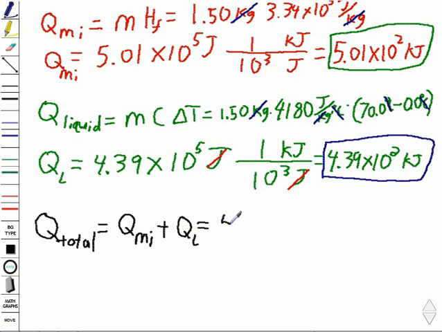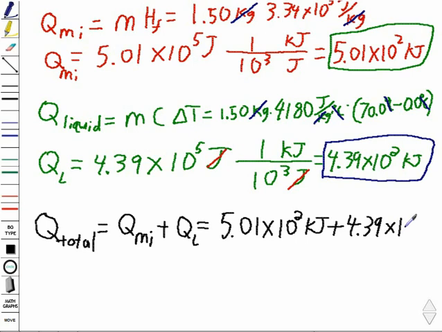So we're going to take the numbers we had before, the number we have in the green box, 5.01 times 10 to the second kilojoules, plus the number in the blue box, 4.39 times 10 to the second power also kilojoules.